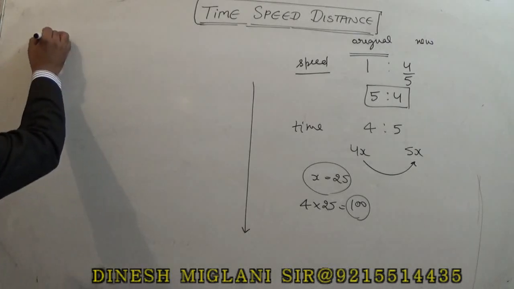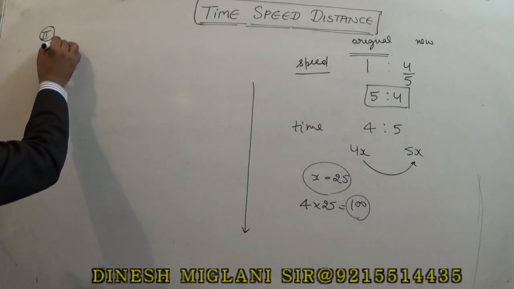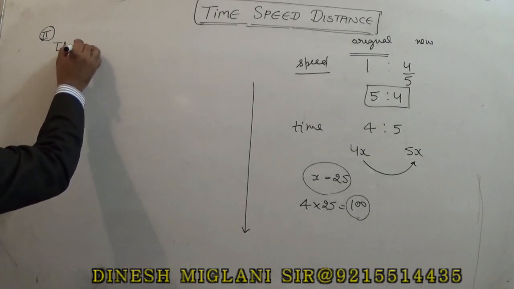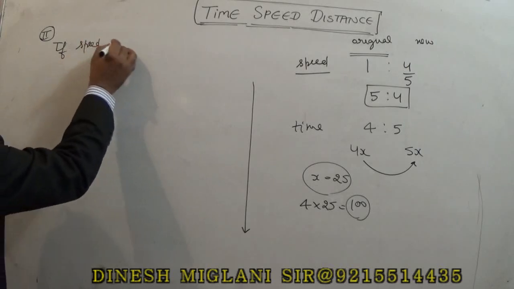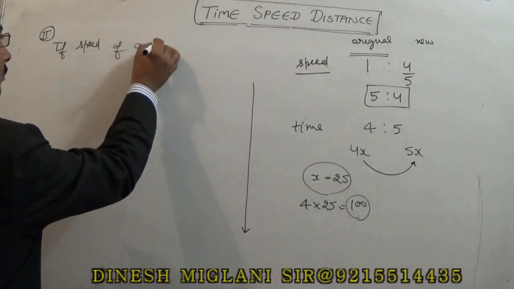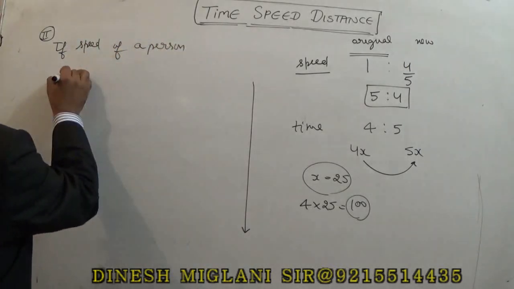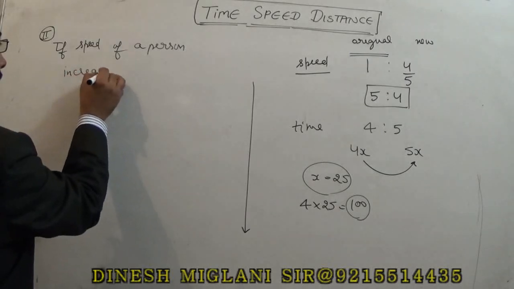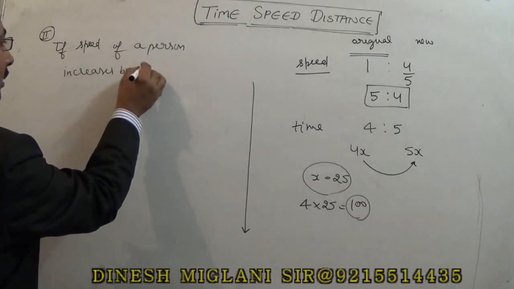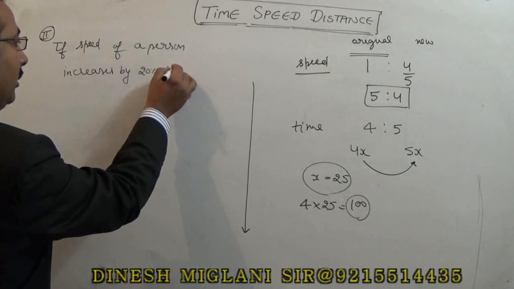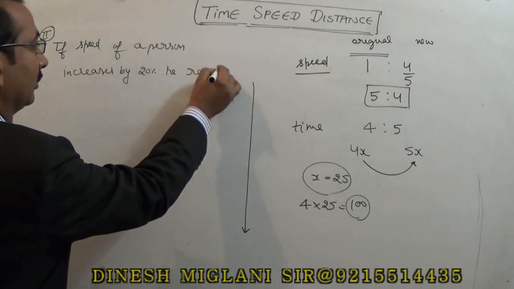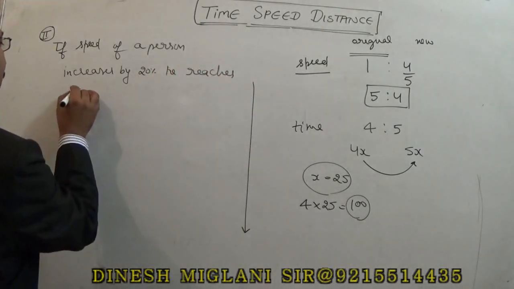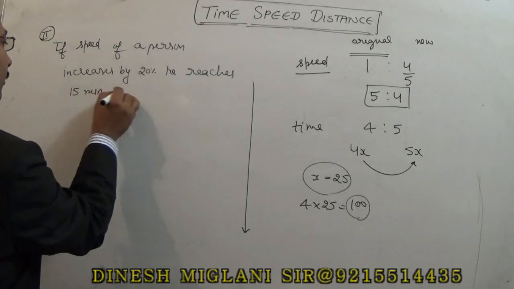Second question on the similar line: if speed of a person increases by 20%, he reaches 15 minutes early.